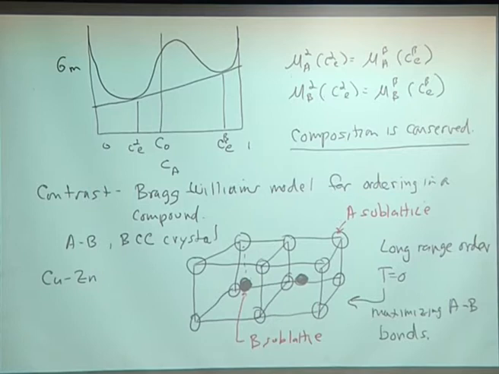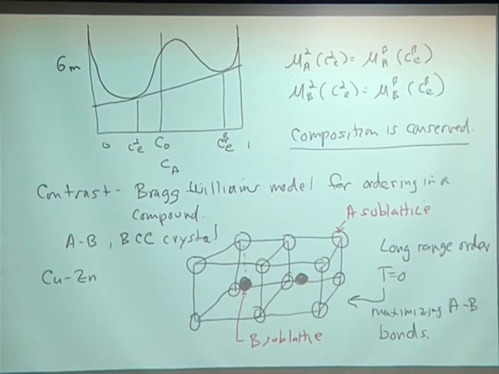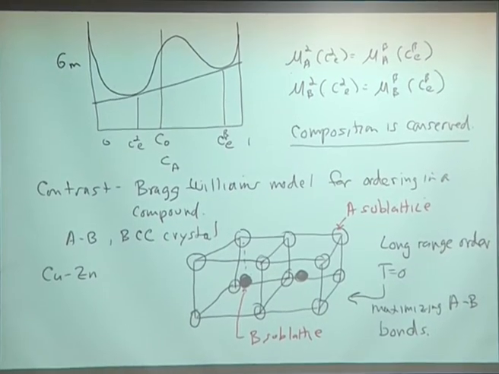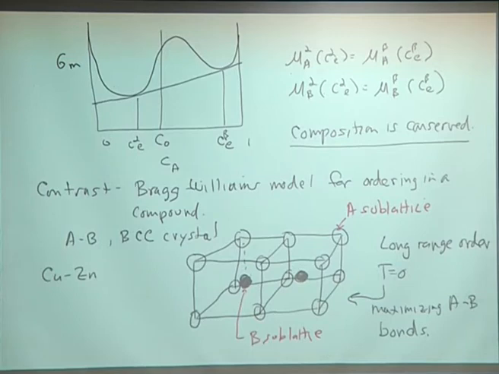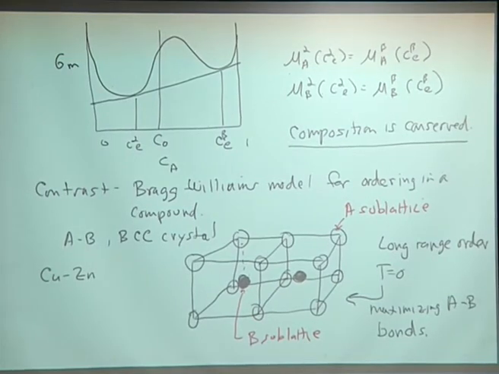And so the whole idea of the Bragg-Williams model is very similar to the regular solution model, is that at 0 degrees Kelvin, right, you have no entropy in the system, and everything sits on their sublattices. So in this particular case, all the A atoms sit on an A sublattice, all the B atoms sit on a B sublattice. As you heat it up, entropy begins to become important, and these things begin to interchange.